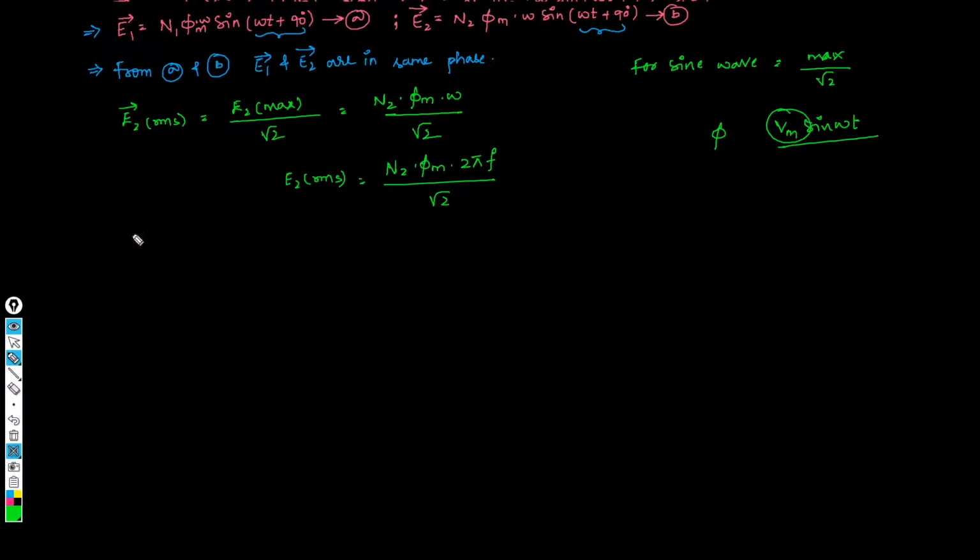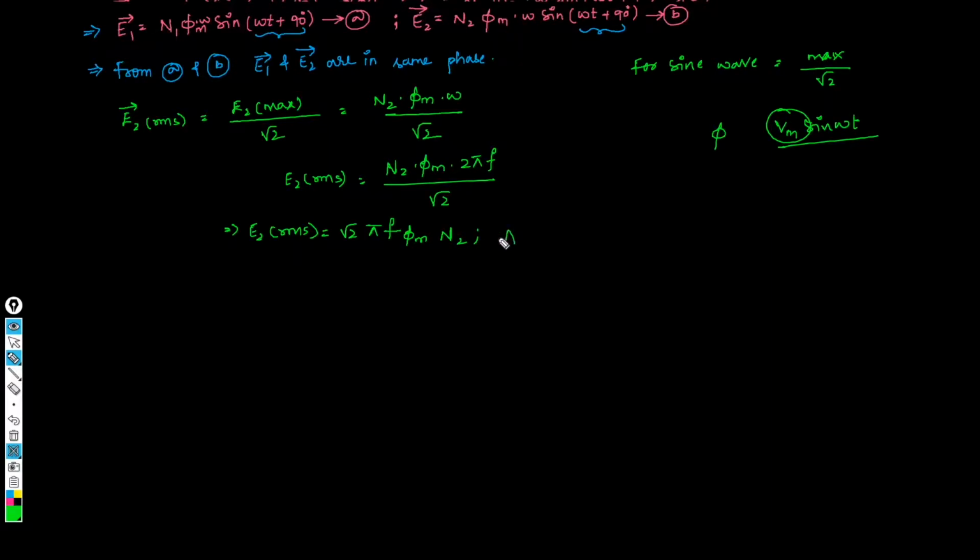Now similarly, if you want to write for E1 also, you can write in the same way. It is better to simplify further, it would be easy. Rationalize with root 2 by root 2. So finally we will get E2 RMS equals root 2 pi f into phi m into N2.